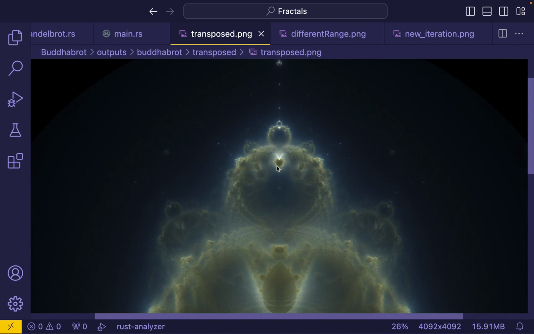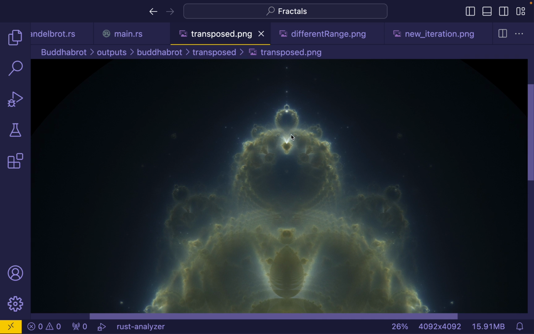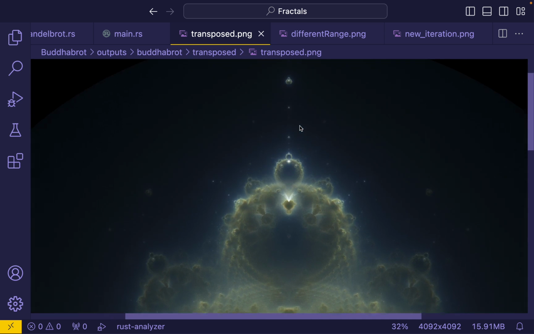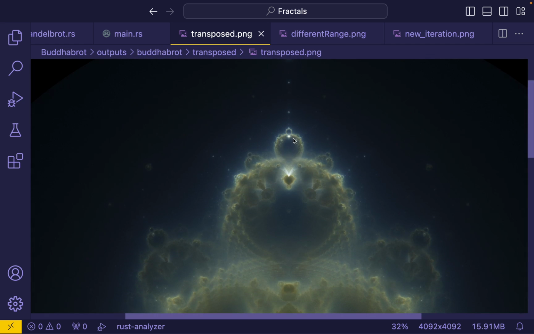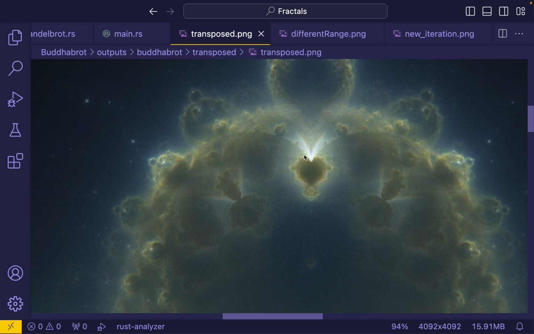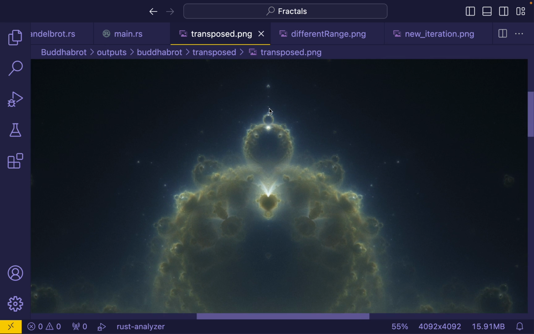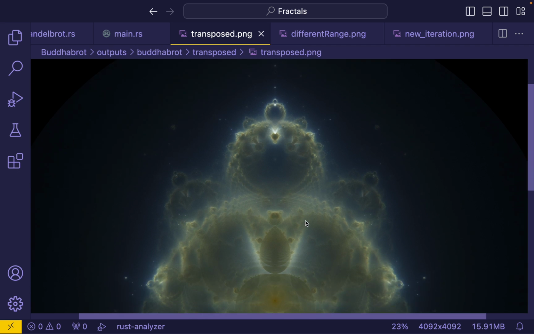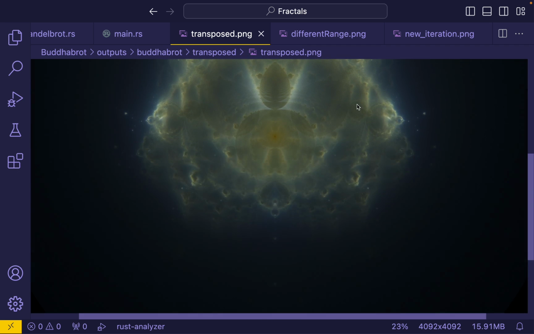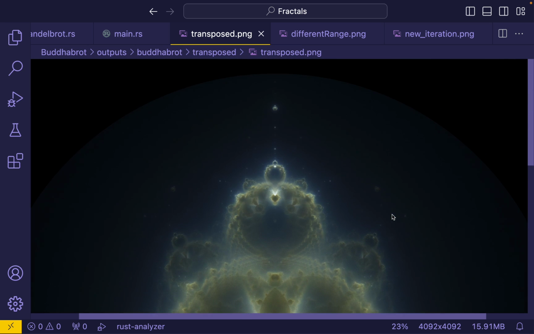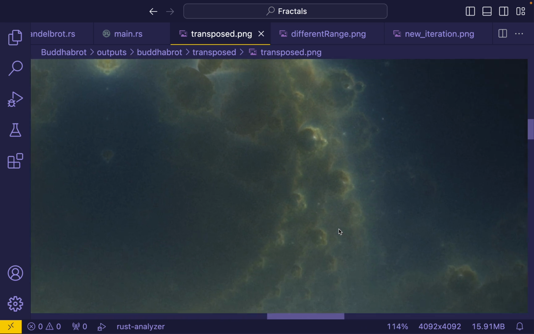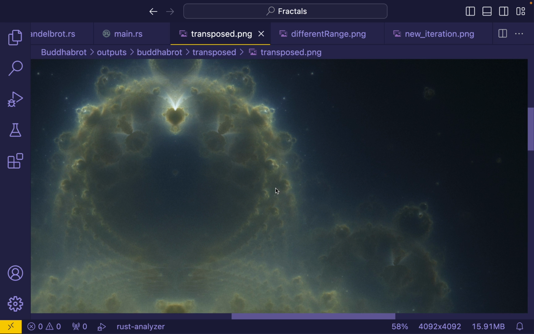And that's why it's not just a flat map, and there's actually a lot of detail to this. You could see that this pattern repeats here and here and here, and this big pattern repeats here and here and here and here. And it's just fascinating to look at how all these probabilities repeat.